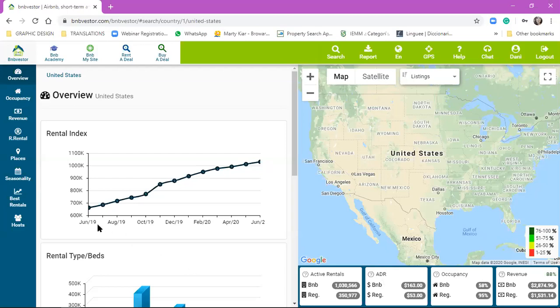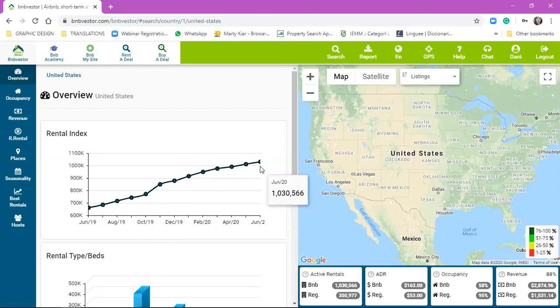So the rental index is going to tell you how long the BNB business has grown throughout the whole United States. For example, in June of 2019, the BNB business started in the United States with 661,500 BNB properties, right?